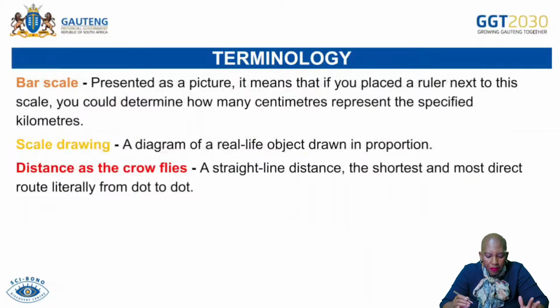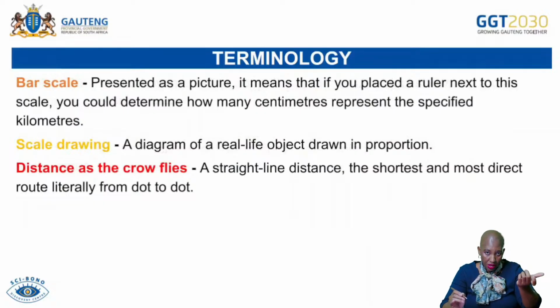Let's continue, boys and girls, with our terminology, the bar scale. A bar scale is represented as a picture. If you place a ruler next to the scale, you'll determine how many centimeters represent the specified kilometers.